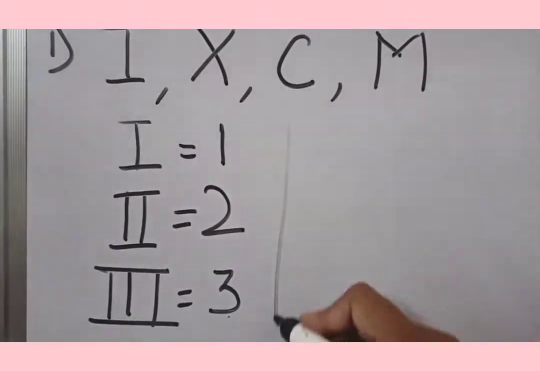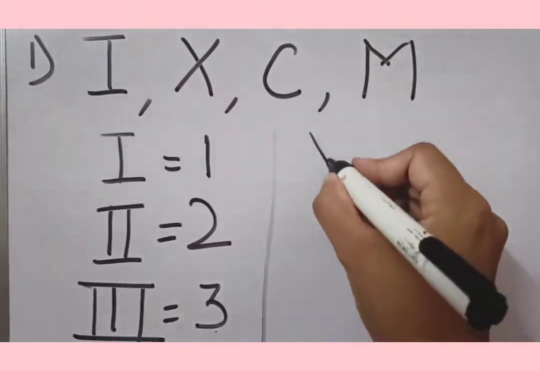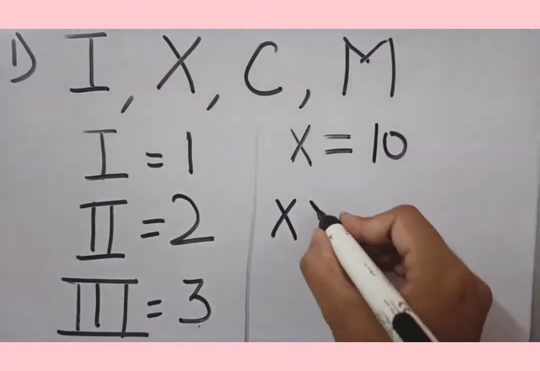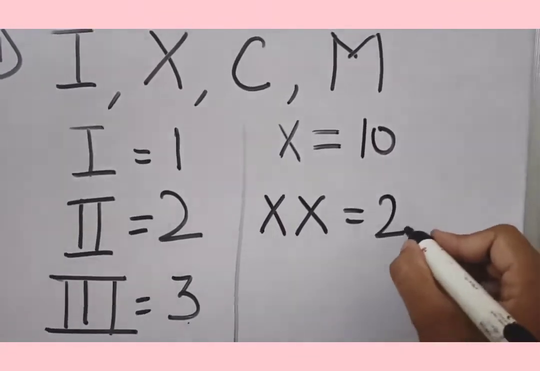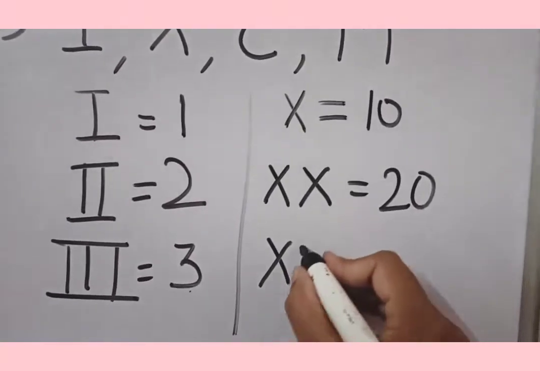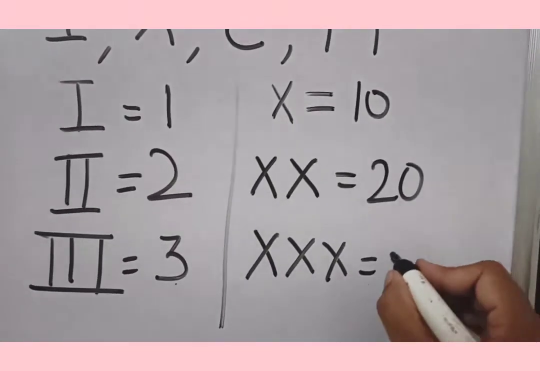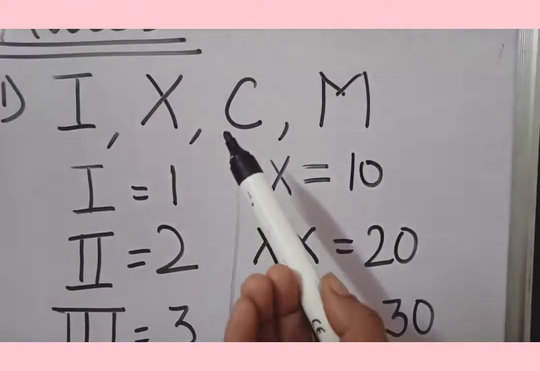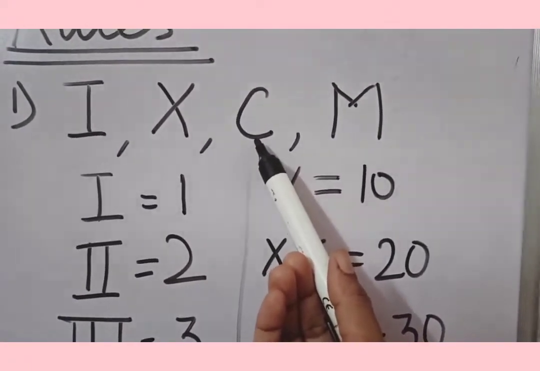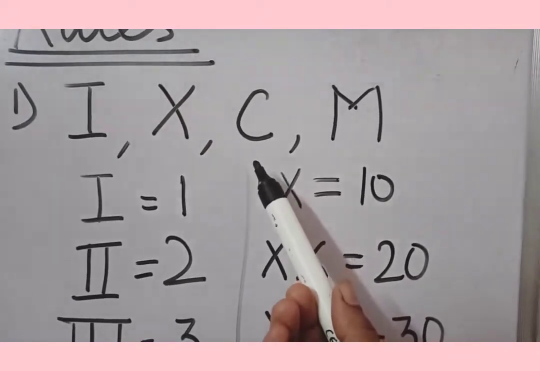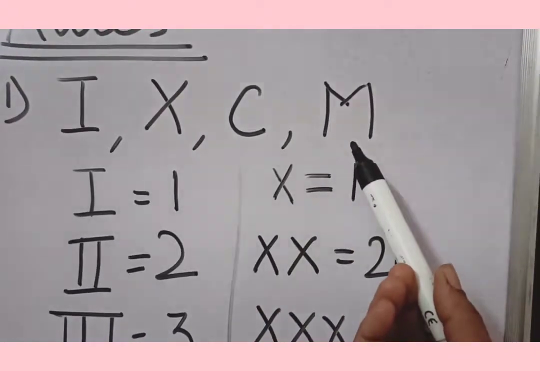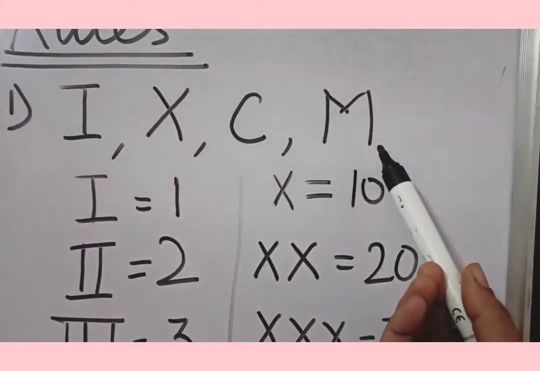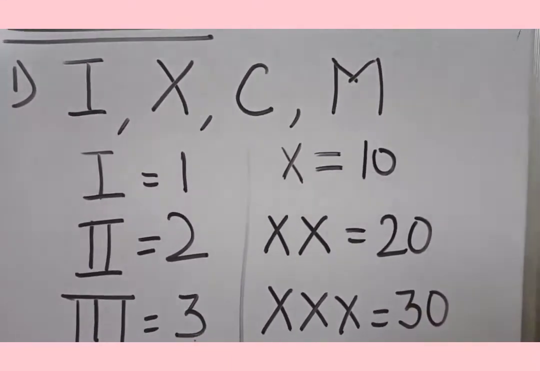Like that, if I write X one time, it is 10, 2 times X is 20, and 3 times X stands for 30. The same way, if you write C one time, it's 100, 2 times 200, 3 times 300, and M stands for 1000: 1M is 1000, 2M is 2000, 3M is 3000.